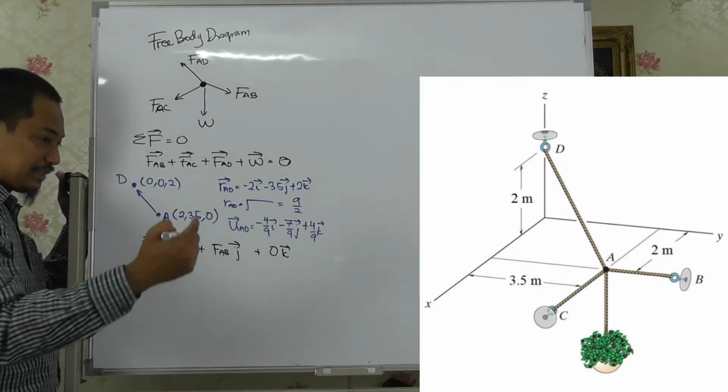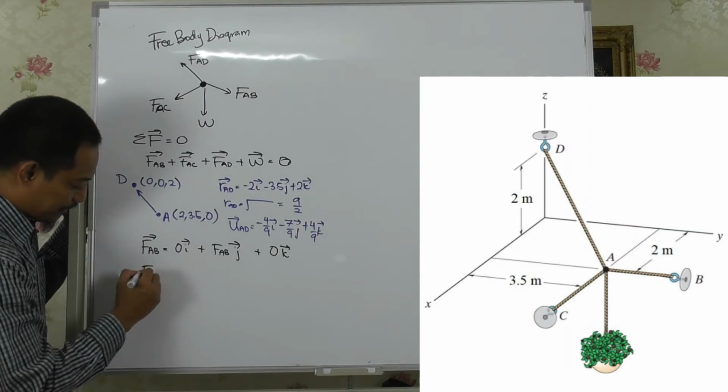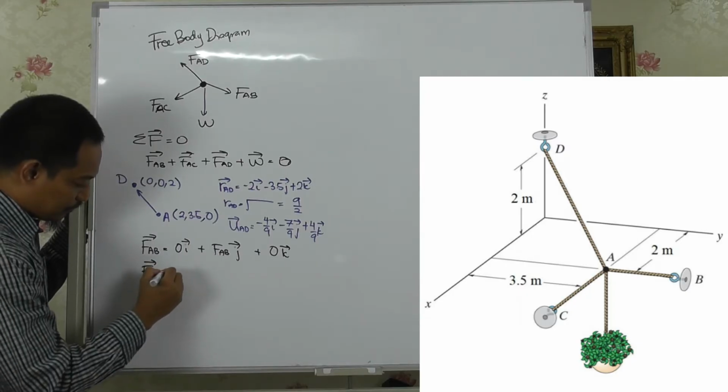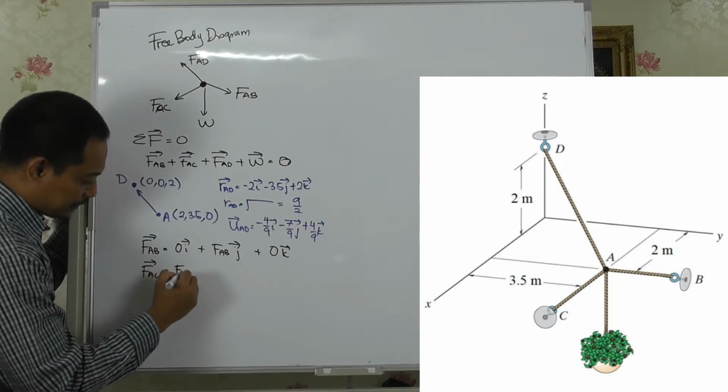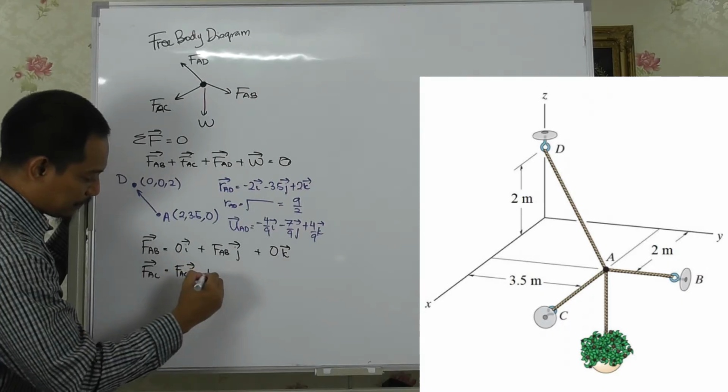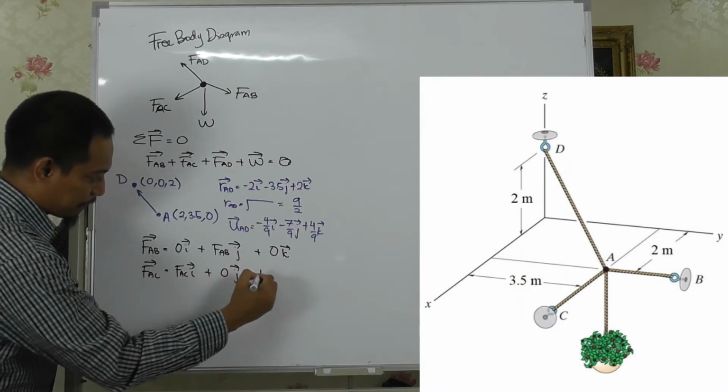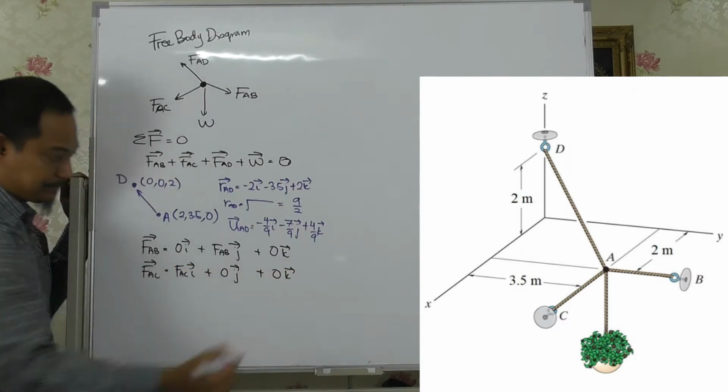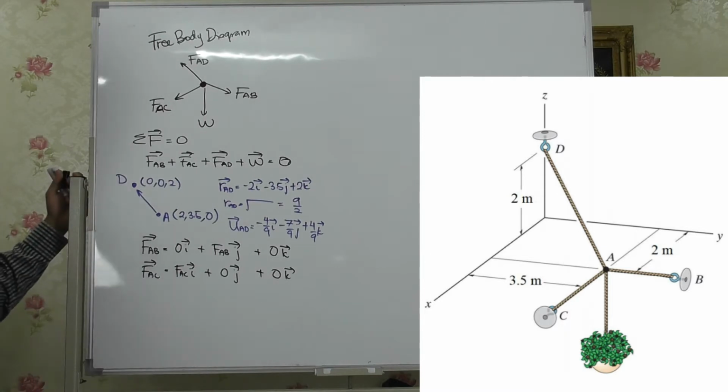And then FAC is in the positive x direction, so FAC will be FACi plus 0j plus 0k, right?